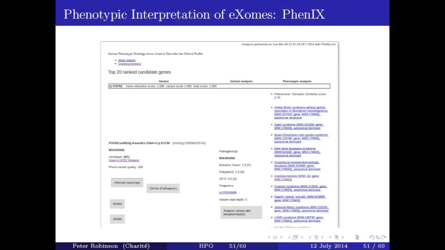And then I showed you at the beginning the Phenomizer, so we're basically calculating the Phenomizer score. And we're also showing all of the diseases in OMIM and ORPHANET that are associated with this gene. And the gene is finally ranked by, well, in this slide, it's the average of the gene relevance score, which is the phenotype score, and the variant score, which is formed by the pathogenicity and the frequency.